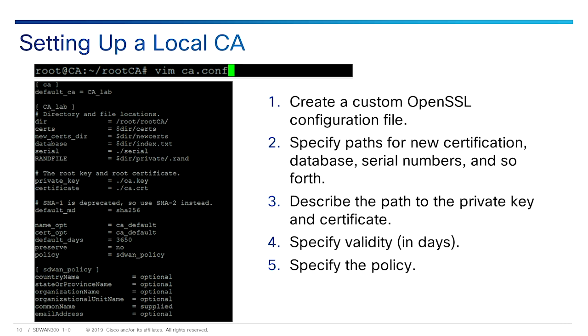So basically, you're going to create a custom OpenSSL configuration file, specify paths for the new certificate, database, serial numbers, etc. Describe a path to the local private key, specify validity in days, specify a policy. So this local configuration is going to define how that information is structured, where the keys are, and so forth.